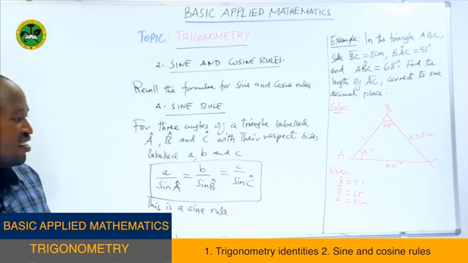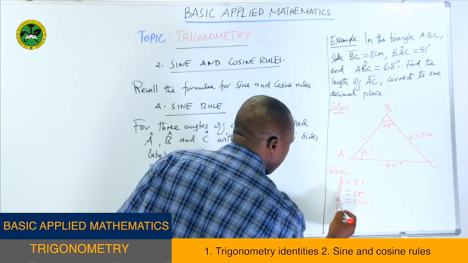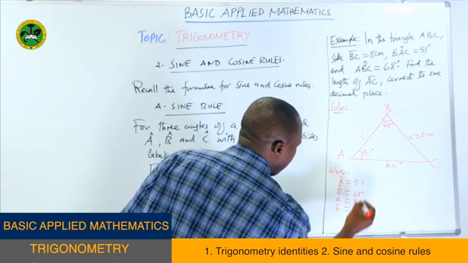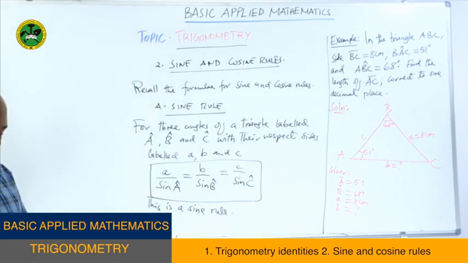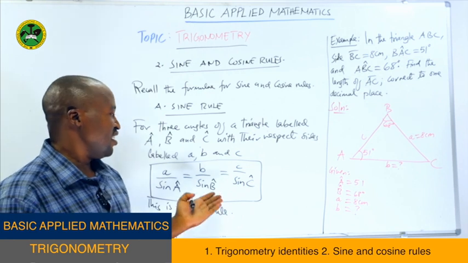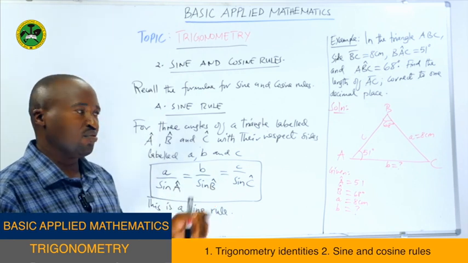Now what is missing is B. You don't have B. Now let us recall the sine rule.